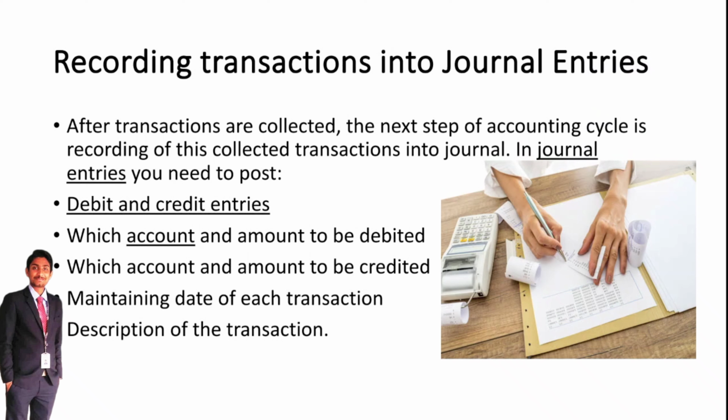We purchased goods and paid cash. In this transaction, there are two elements: one is the debit entry and the other is the credit entry. The debit entry is purchase of goods, and the credit entry is cash payment.